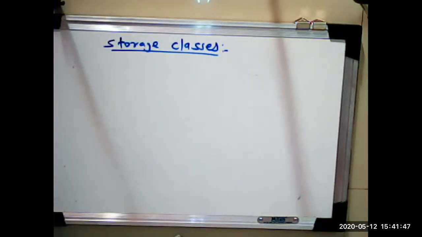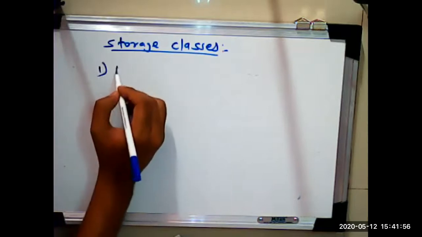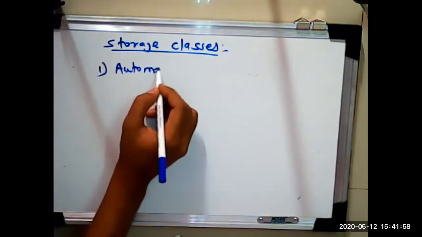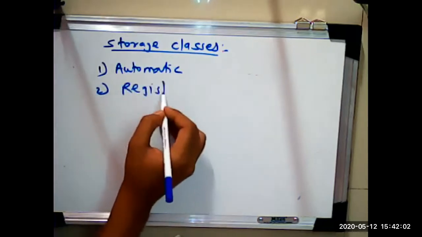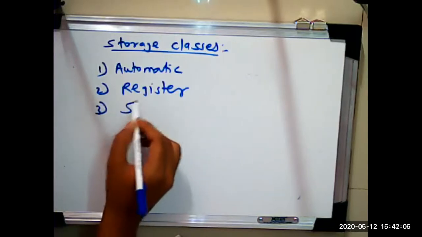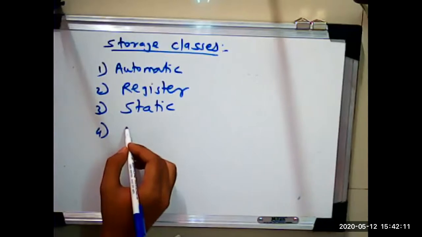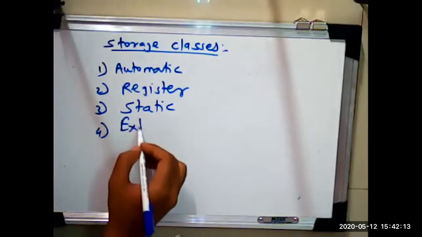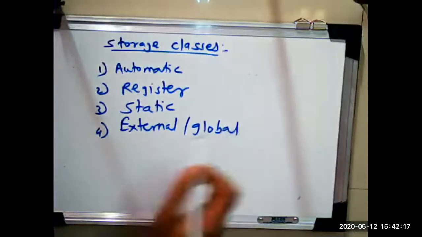So in C language there are a total of 4 storage classes. The very first is the automatic storage class, the second is the register storage class, the third is the static storage class, and the fourth is the external storage class, also known as global.